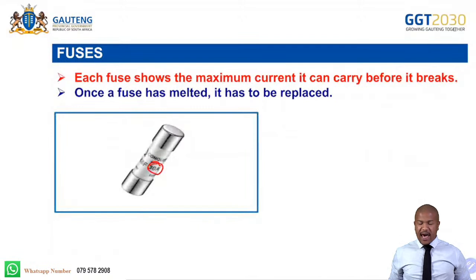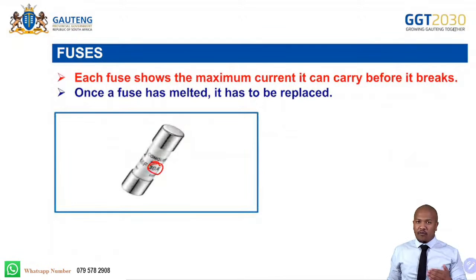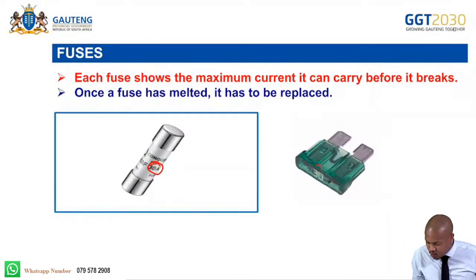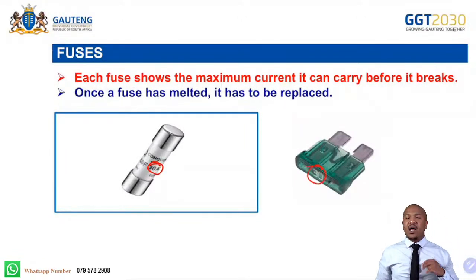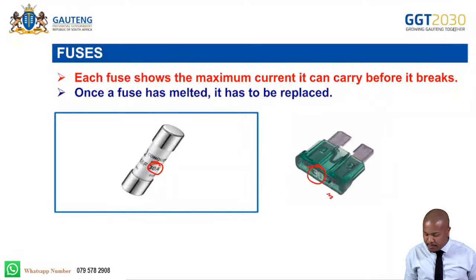Are we together? And once a fuse has melted, it has to be replaced so that the flow of current can continue. There are different types of fuses. Looking at this one we normally see in our radios, and in our cars as well, this one also is of 30 amperes, but the design is different from this one.